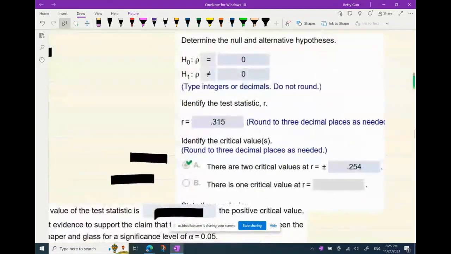So the answer is A. There are two critical values, r equals plus or minus 0.254. The table isn't the most accurate, so when it doesn't provide the critical values for sample size 62, we can only use the closest sample size, so we use the 60.